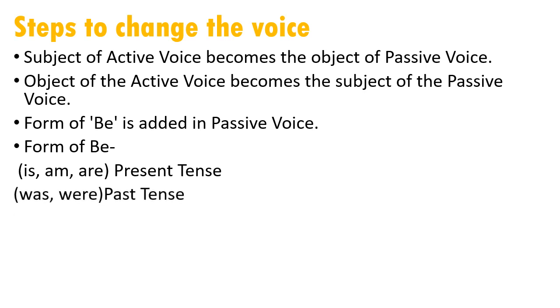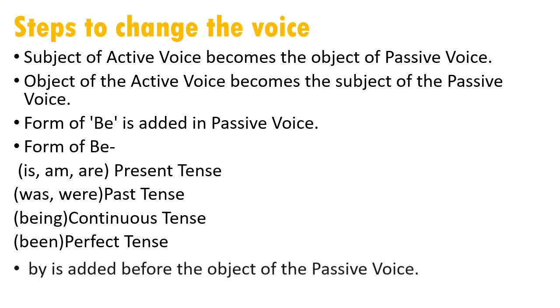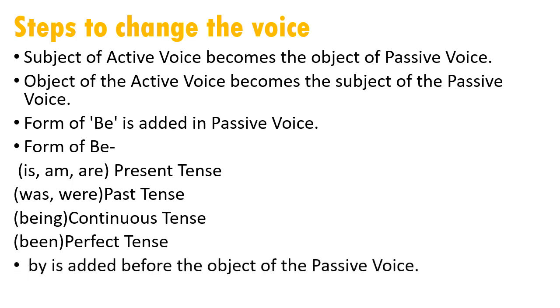Was or were in past tense. Being in continuous tense, been in perfect tense. By is added before the object of the passive voice, and before that don't forget to write only the third form in passive voice.